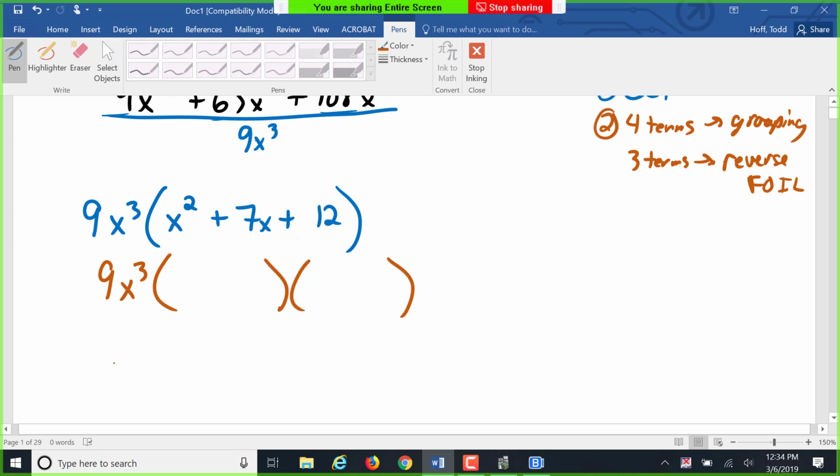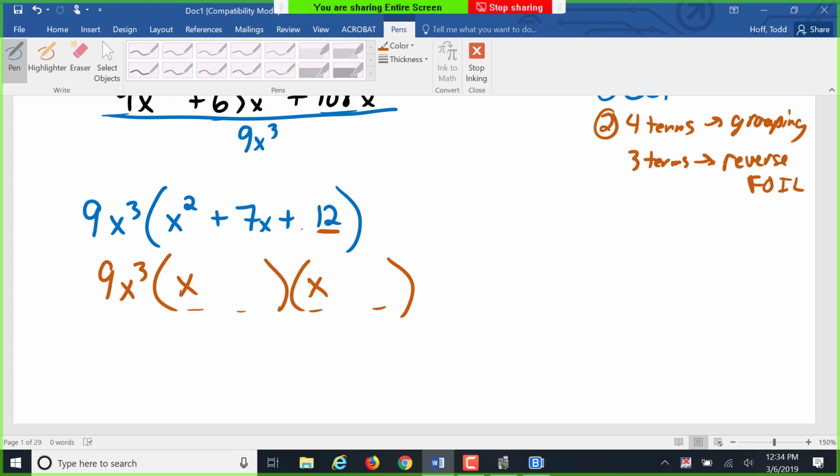For factoring x squared plus 7x plus 12, what do we know it's going to be down in our factors? Perfect. X is going to be the first one in both so that we get the x squared. What else do we know? We need to find 2 numbers that multiply to make 12, but then also the outside and inside products are going to give us that 7.